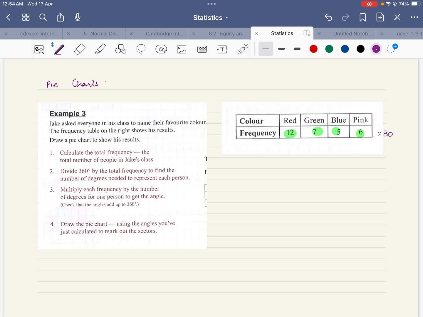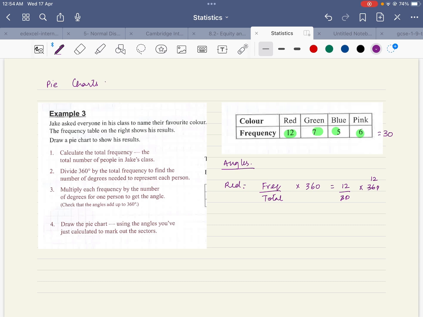Draw a pie chart. For a pie chart, we need angles. How do we find out the angles? For angles, red, what do we do? We do frequency upon total frequency into 360. So frequency for this class is 12, total frequency is 30 and 360. When we cancel both of them, we get 12.